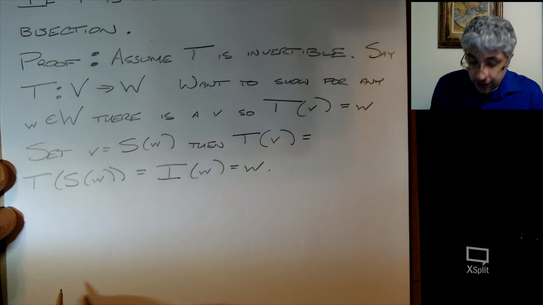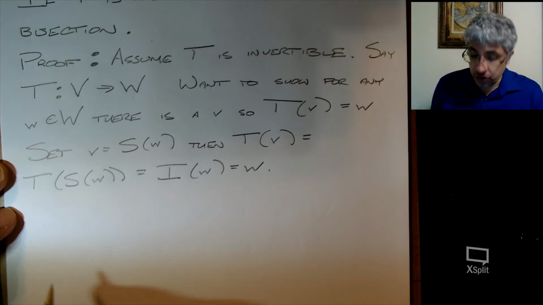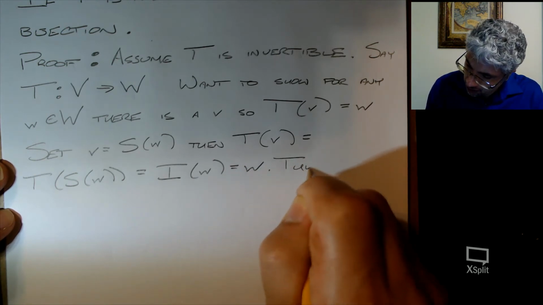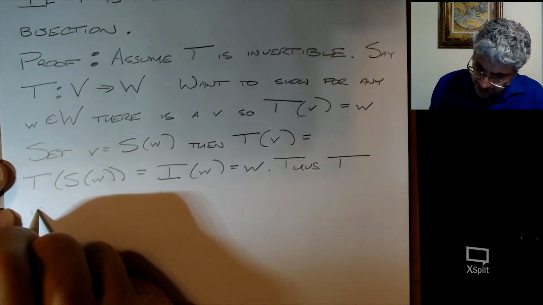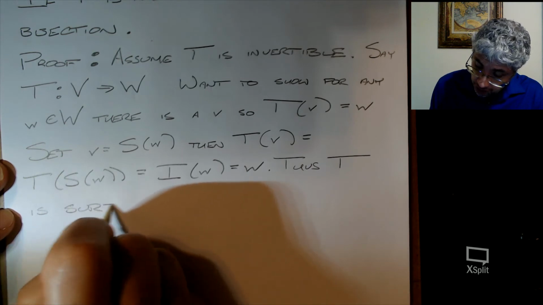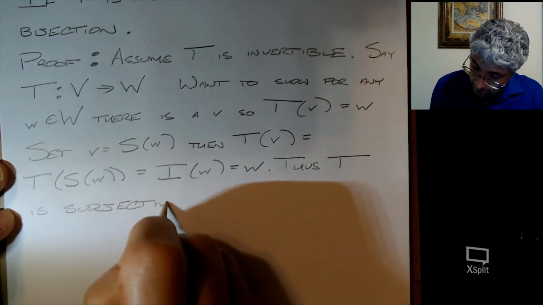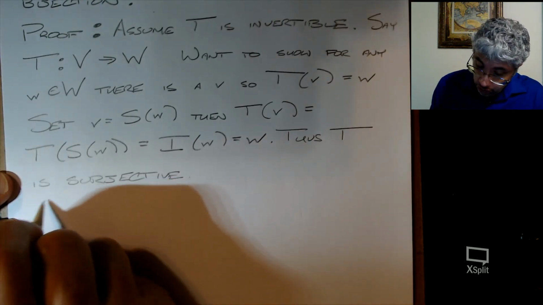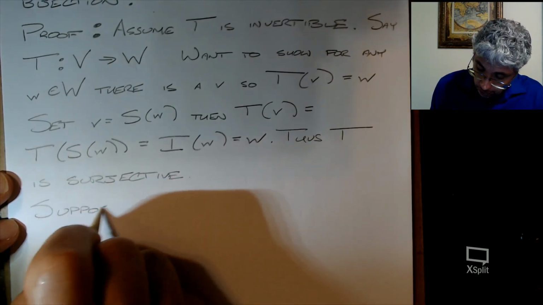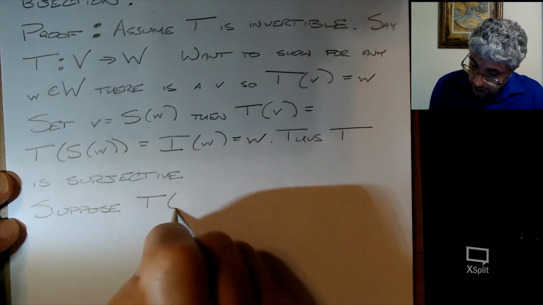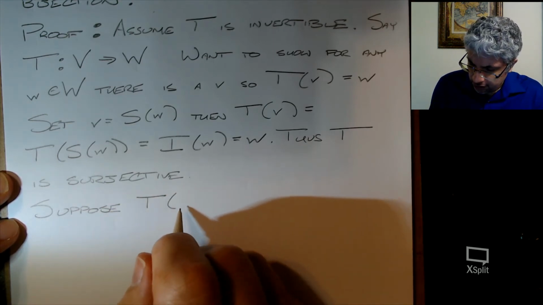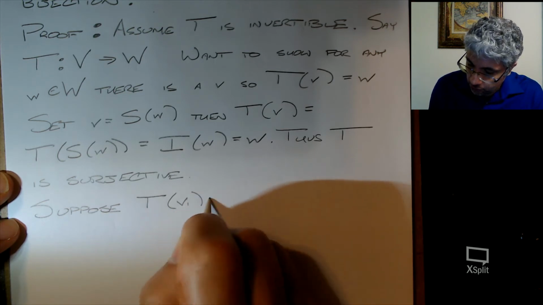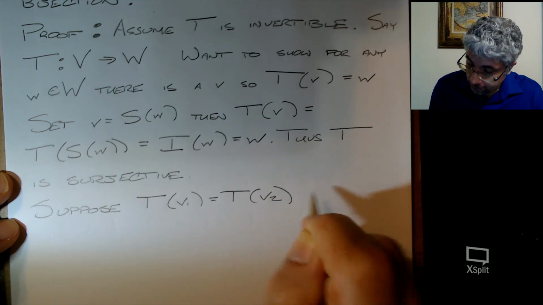Thus T is surjective. And now let's show it's injective. So suppose, I don't want to use w and v because they're both in V, so I'll just say suppose T of v1 is equal to T of v2.